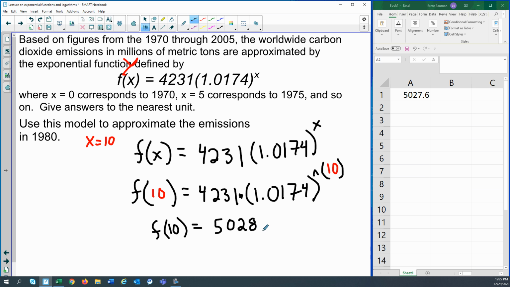Okay, so an exponential function has the variable in the exponent, and we're just evaluating it based on the value that we're given. Now let's go ahead and look at our next example and see if we can generate the equation and then use the equation to approximate our answer.